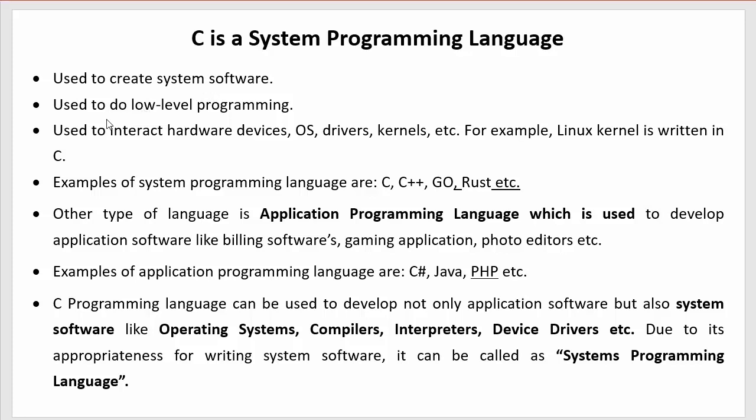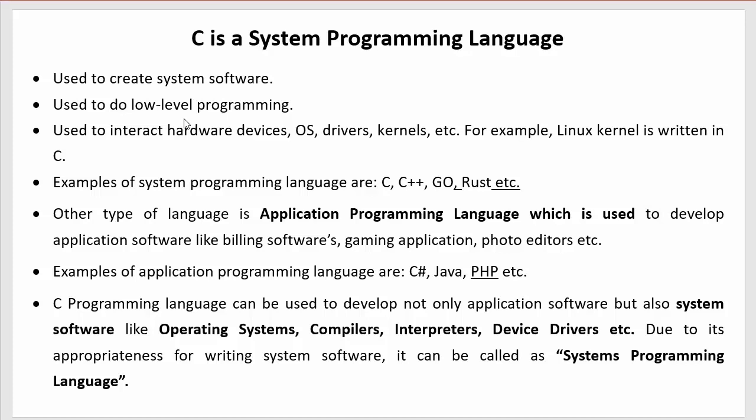Now let us move on to the second point, which is that it is used to do low level programming. Now what is low level programming? Low level programming is also called machine level programming. That means whatever C programs and C code we write as a user will be in the form of high level programming, and the computer cannot understand this high level programming.